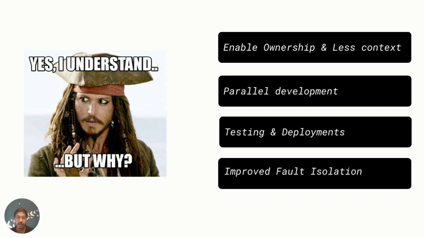The chat developer doesn't need the complete context, just the idea of their particular microservice. This also enables ownership, because the new member can focus on a particular service, get started very quickly and ramp up quickly compared to monolith platforms.